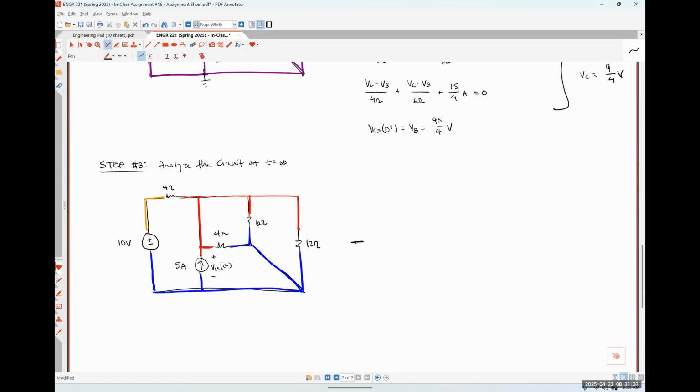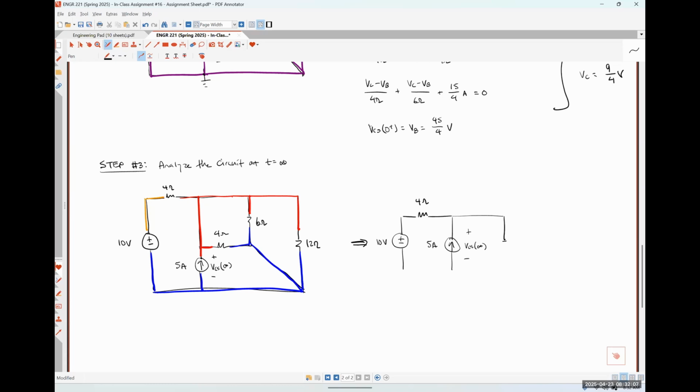So I could redraw this circuit and maybe make it a little bit easier to see what's going on. So here's my 10-volt source, my 4-ohm resistor, my 5-amp current source across which I'm trying to find this voltage VCS at infinity.